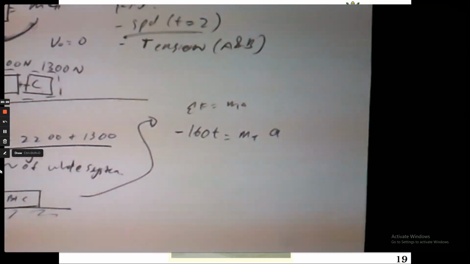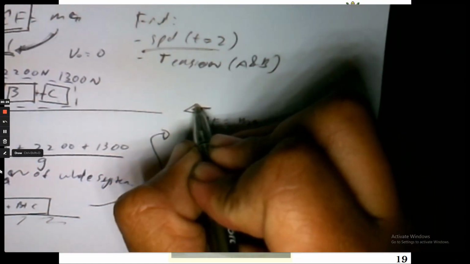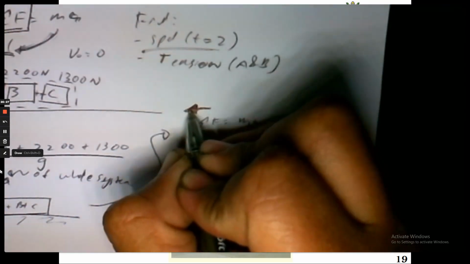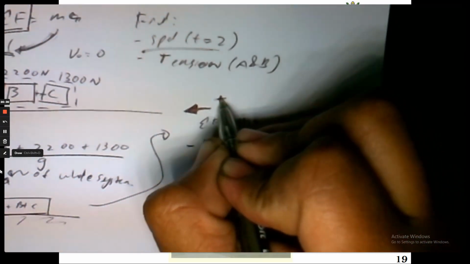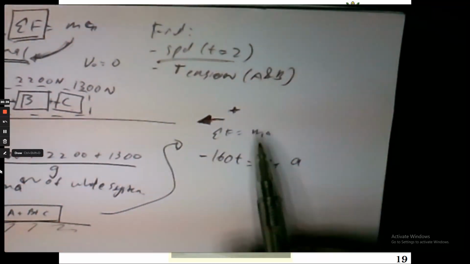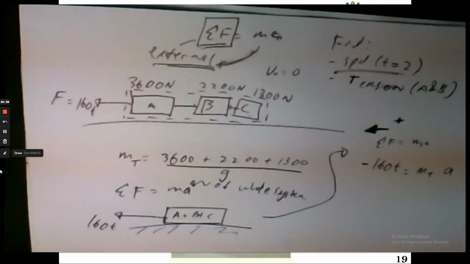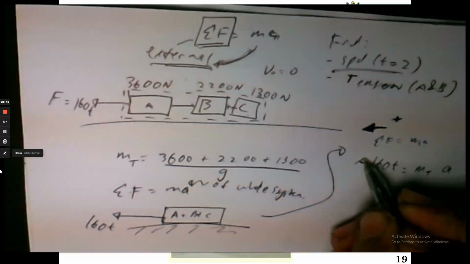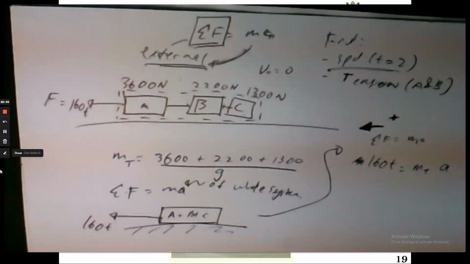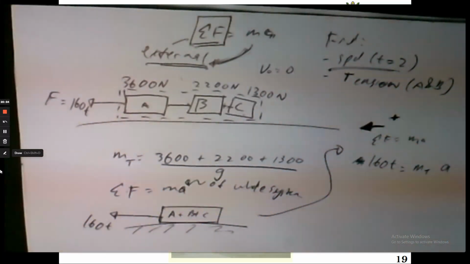Let's define positive going to the left because it is getting pulled to the left, so we don't need to put a negative here. As long as you are consistent with your convention, you start with this convention, plus to the left.